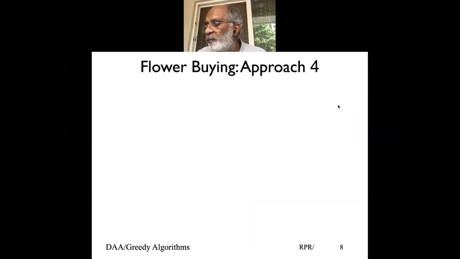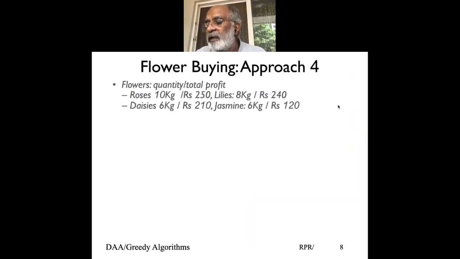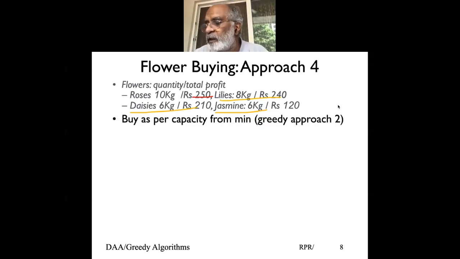Approach number 4. Rather than ordering by profit, I said let me fill up the smallest quantity first and then keep building it up. That means first I buy all the jasmine, 6 kg, then I buy all the daisies, then I buy all the lilies, whatever possible. Buy as per capacity, meaning keep filling whatever the lowest quantity available first.